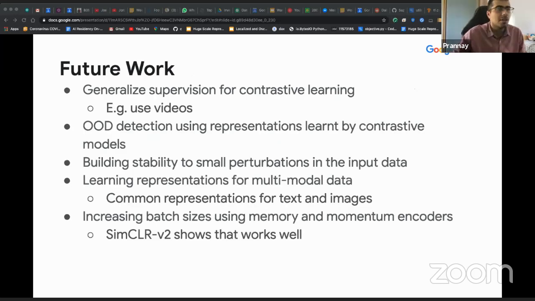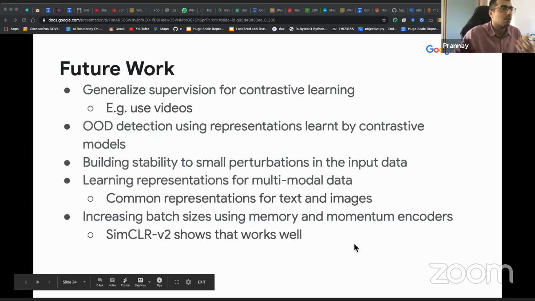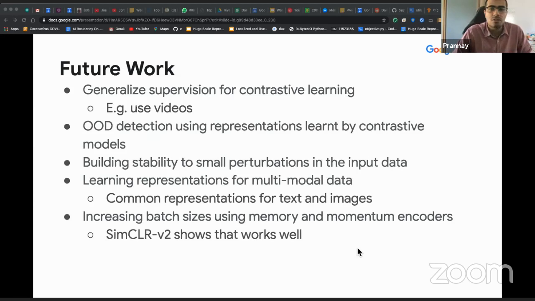And just very quickly, things we're still working on, a bunch of things, and other people should also try these things. That's generalizing the supervision for contrastive learning. No reason to just use ImageNet labels. You can also do out of distribution detection, and maybe even classification-free out of distribution detection, if that makes sense. And building stability to small perturbations in input data, that's something we're working on.